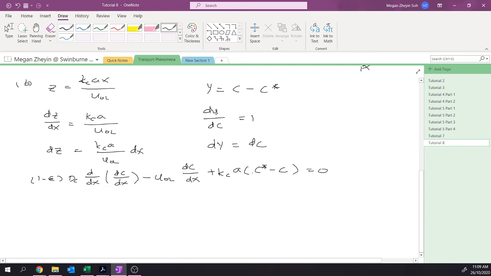Okay, so this part here is equal to dz over dx multiplied by d over dz. What does this mean?